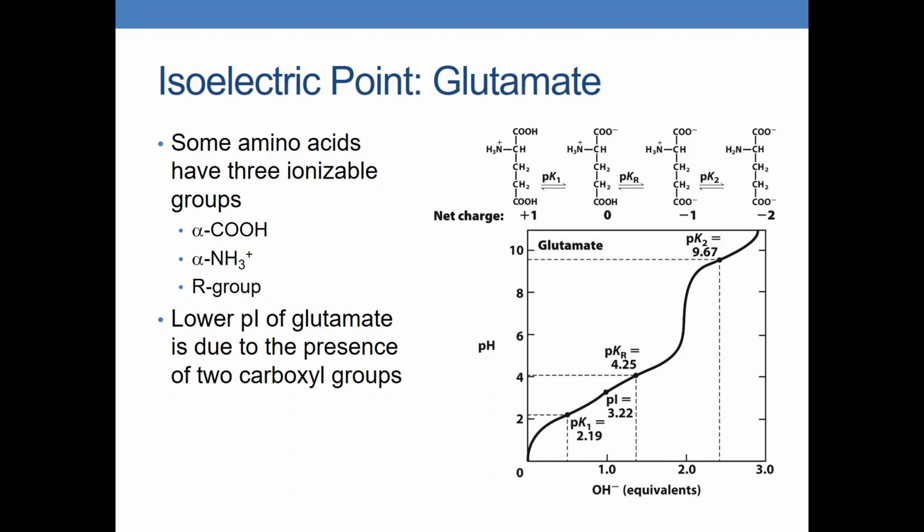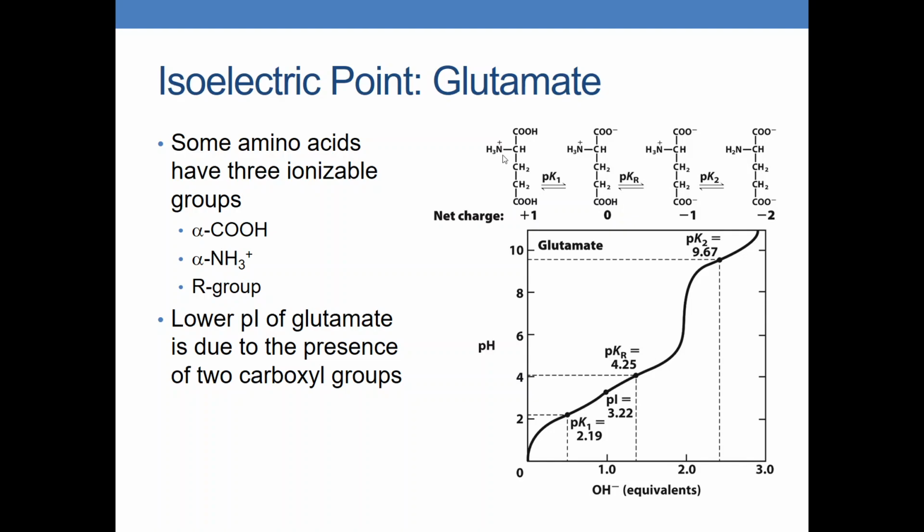You'll find that the alpha carboxylic acid has a lower pKa of about 2 relative to the pKa of the side chains for aspartic acid or glutamic acid, where those R groups have pKa's of 3 to 4. You'll find that aspartic acid has a pKa of about 3.2, and glutamic acid has a pKa that is about 4.25.